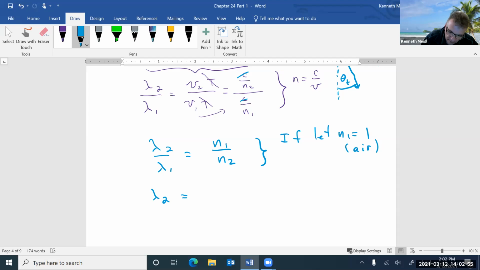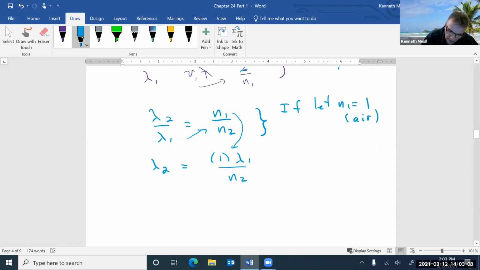So I'll cross multiply here. I have this index, which is 1. I'll multiply by that over n2. And so maybe I can see that the wavelength in the new material is the wavelength that was in the previous material divided by that index.